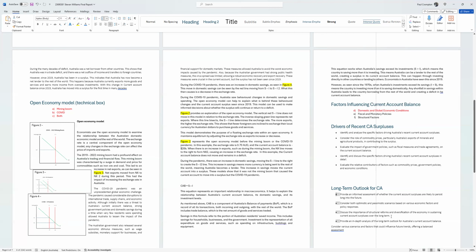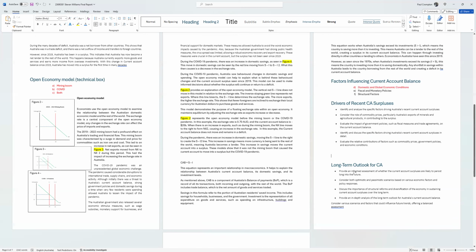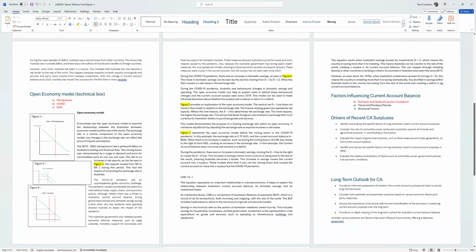And then this, no, you've got the wrong approach here as well. What you need to be saying down here when you talk about the future of Australia's current account balance is the baseline assumption, or what's most likely, is that Australia's current account balance will go from surplus back to deficit, because it's unlikely that Australia's savings or borrowing behaviour has experienced any structural change.